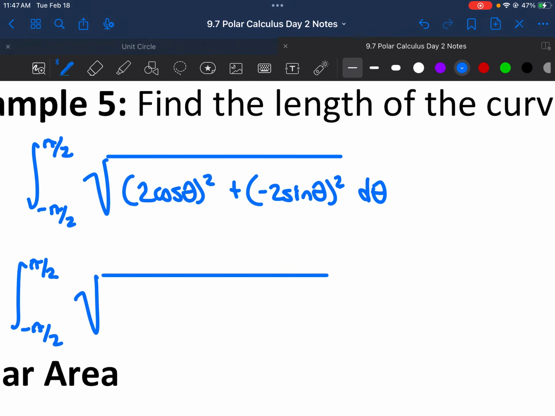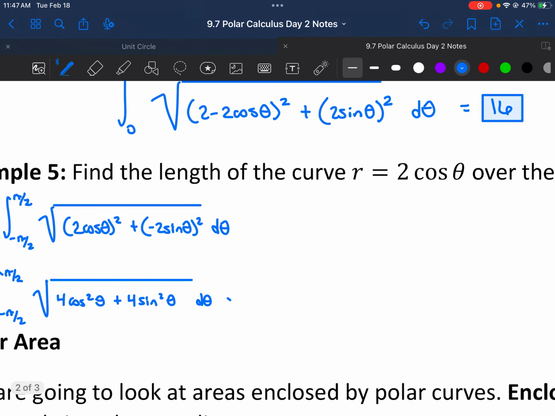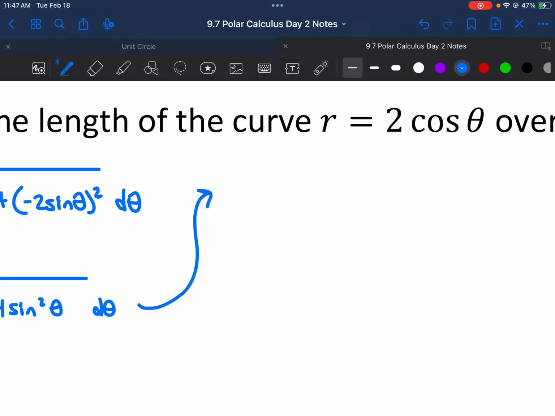All right, so this is going to be 4, so 2 cosine of theta squared. 2 cosine of theta times 2 cosine of theta. That's 4 cosine of theta squared. Negative 2 sine of theta times negative 2 sine of theta is 4 sine of theta squared. Continuing to simplify.